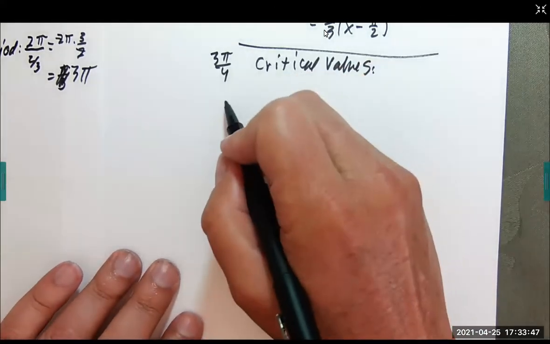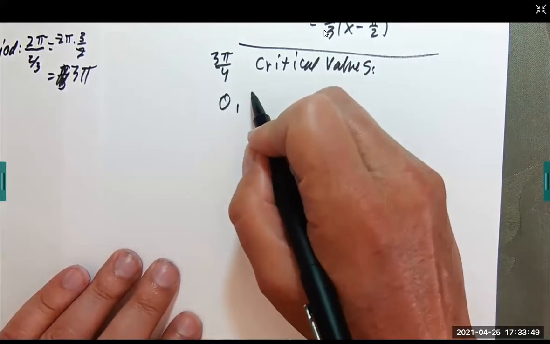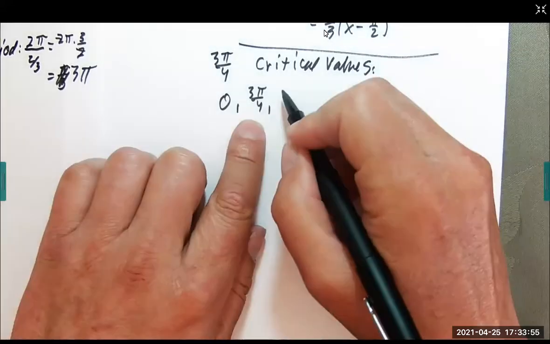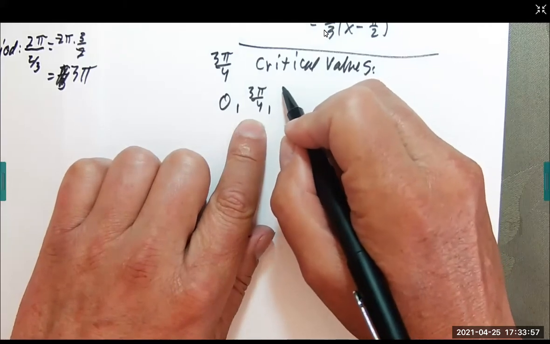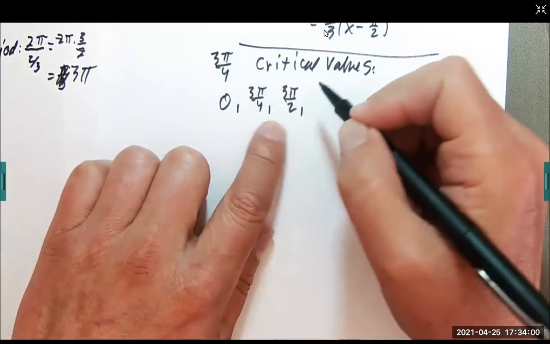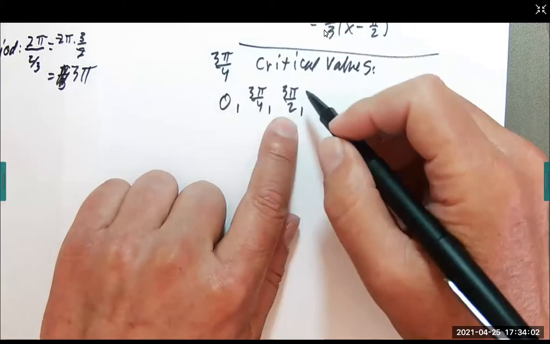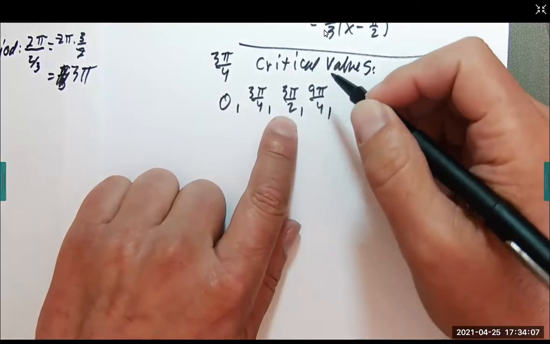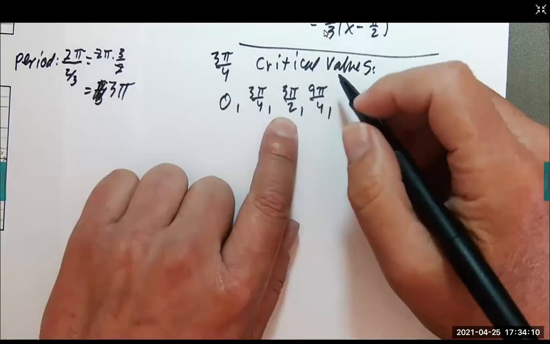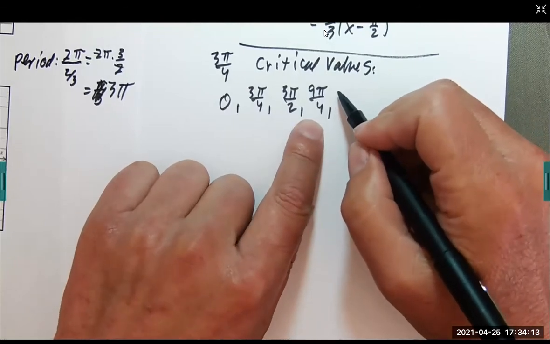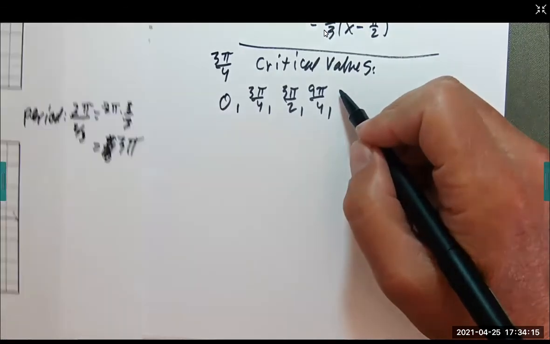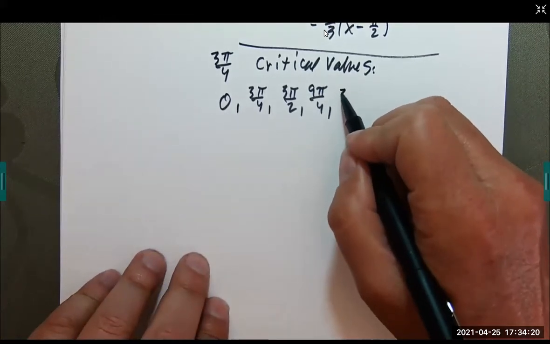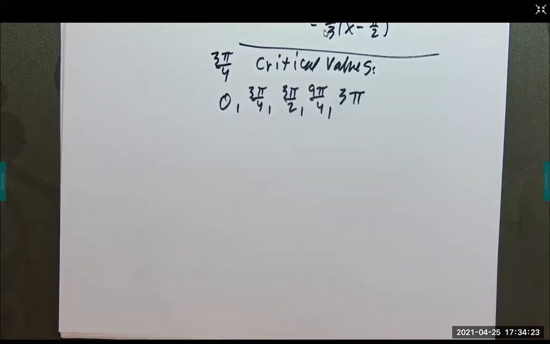So we're going to start at 0 for now. Add 3 pi over 4. Add another 3 pi over 4 to that. That's 6 pi over 4. 6 pi over 4 plus 3 pi over 4 is 9 pi over 4. Add 3 pi over 4 to 9 pi over 4. That's going to give us 12 pi over 4. 12 pi over 4 is 3 pi, which we know is our period.